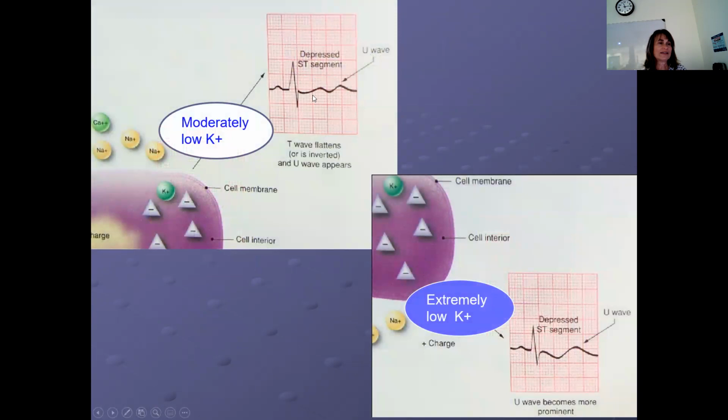Here we've got a T wave and then another wave. So the ST segment is low, and then we have two waves. So a T wave and a U wave. How can you tell that it's not two T waves? It could be confusing. Okay. Definitely.